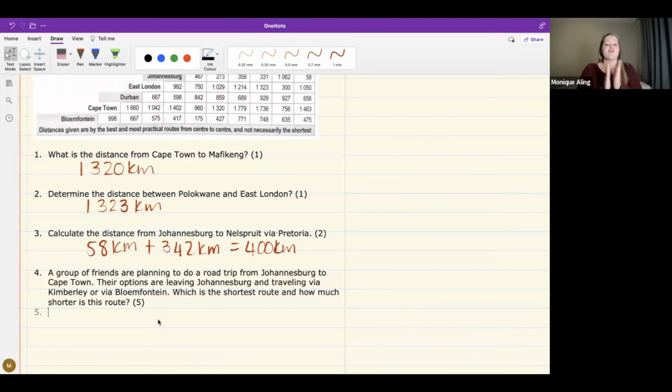Okay, so they are traveling from Johannesburg to Cape Town. That is the journey. But they can either go Johannesburg, Kimberley, Cape Town, or Johannesburg, Bloemfontein, Cape Town. So those are the two options. We need to work out the total distance, which one's shorter and by how much. Okay, so let's break this down again.